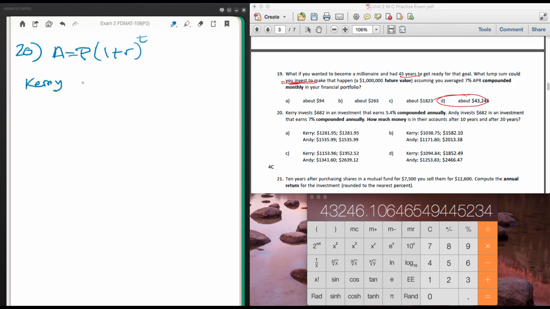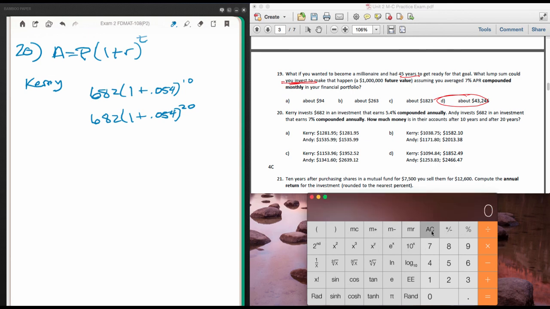And so Carrie will have the principal of 682 and earns 5.4% compounded annually. So we're going to go 0.054, and we're looking for 10 years, and we're also going to look for 20 years. So let's just go ahead and plug those in. I clear everything out, and I'm going to do memory clear as well.